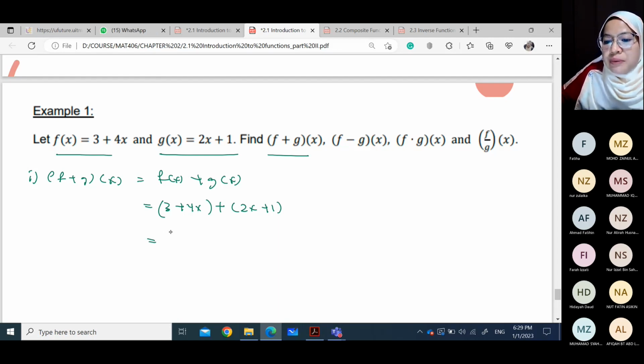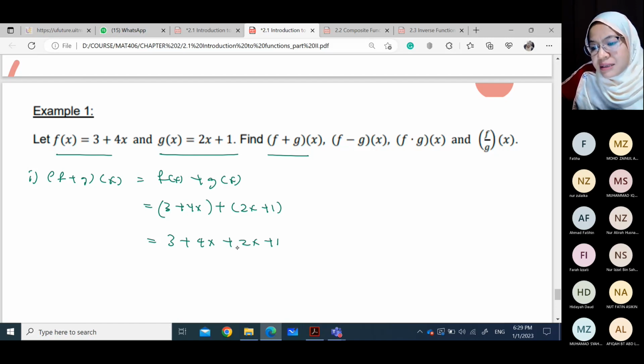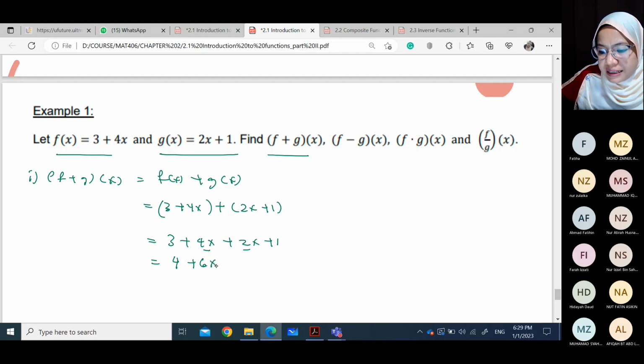Okay, so we open up this bracket. Then here we have 3 plus 4x plus 2x plus 1. So plus 2x, we have plus 2x. So plus 1, we have plus 1. So kita second, 3 plus 1 is 4. 4x plus 2x, we have 6x.